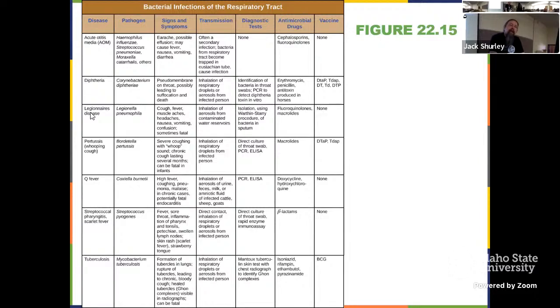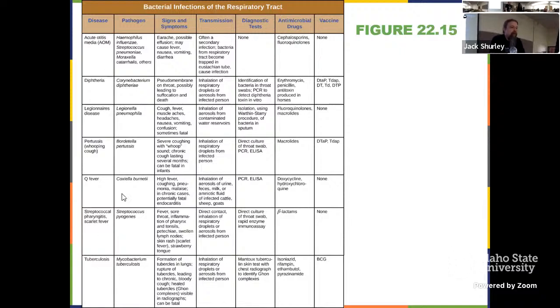Legionnaire's disease is different. It's something that we would classify as a newly emerging pathogen, first recognized to cause issues in the mid-1970s, all right? Not that it never caused disease before that, but there was a large outbreak that ultimately put it on the radar, all right?